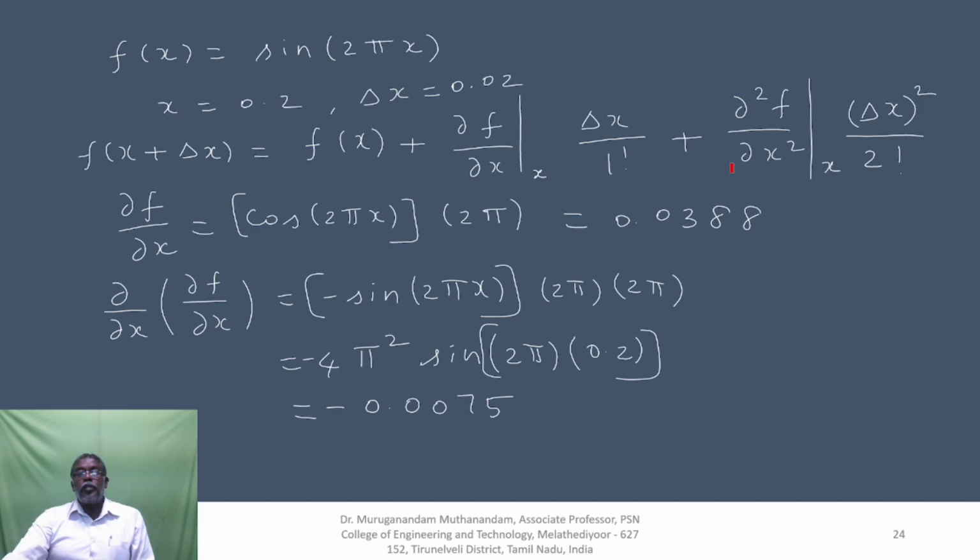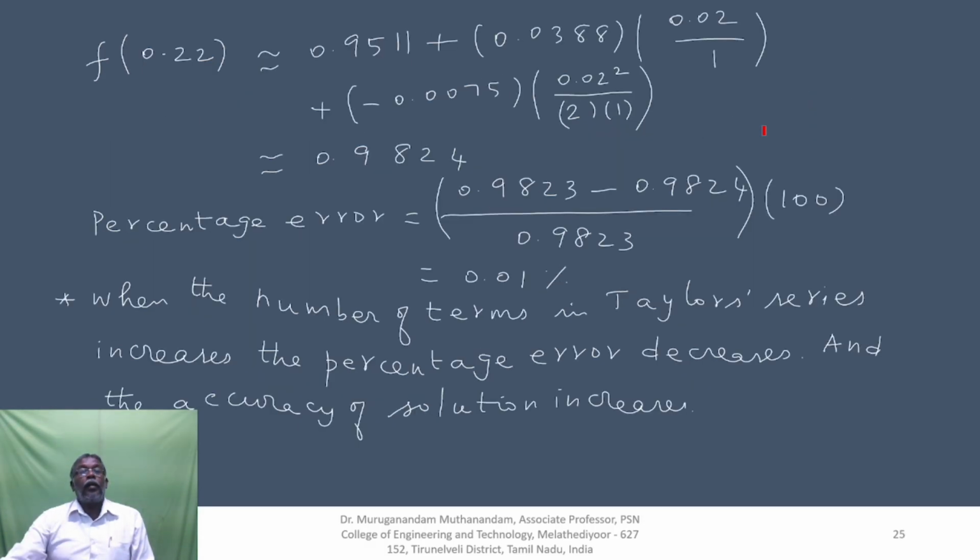If you substitute these two quantities here, we obtain f of 0.22 is 0.9824. Now you obtain the percentage error, which is 0.01 percent. 0.9823 is the exact value, 0.9824 is the value which we obtain by using the first three terms on the right hand side of the Taylor series expansion, where we have neglected all other terms from the fourth term. We obtain such an approximate value.